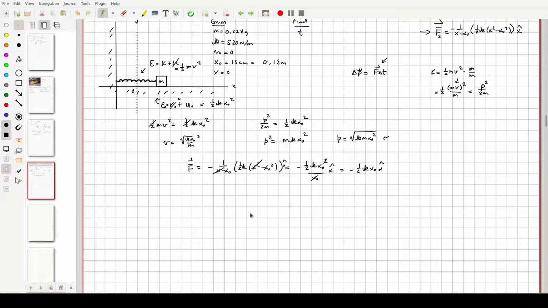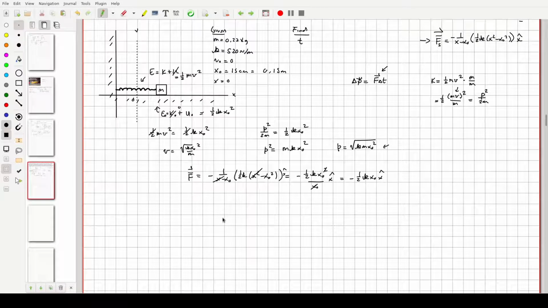Okay? So delta P is equal to F vector times delta T. Whoops. So delta t, let's just go ahead and plug in the vector form. Delta p is your final momentum minus your initial momentum. Your initial momentum is 0 because it's not moving.